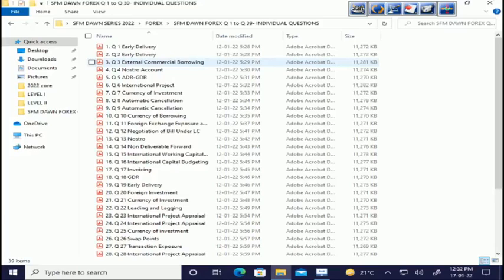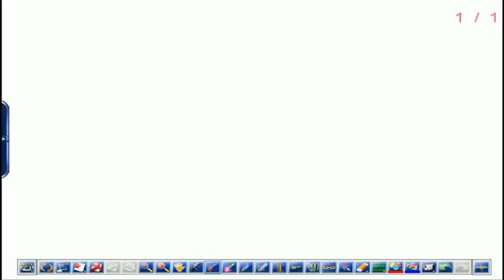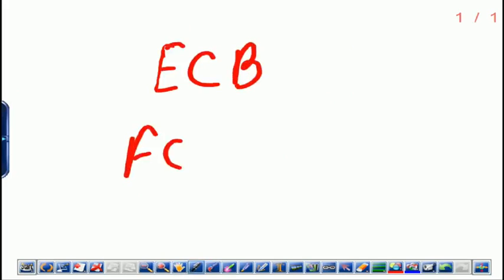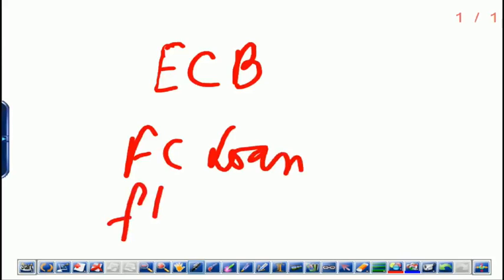So you know that when we are talking about external commercial borrowing, we are talking about taking a foreign currency loan from abroad. Okay, external commercial borrowing. So we are going for a foreign currency loan, usually at a floating rate.